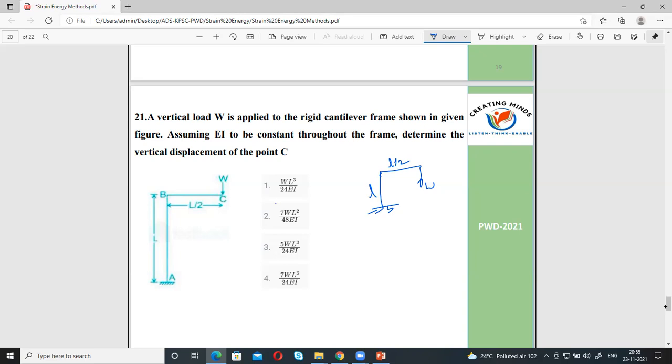What is the strain energy in the given frame? Any guesses?